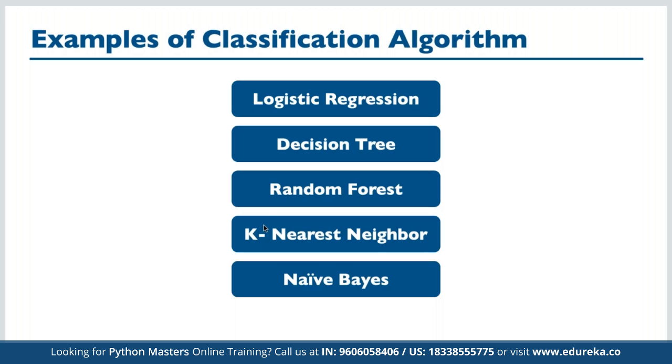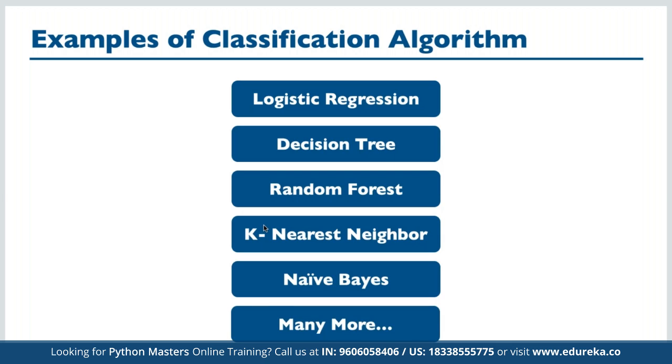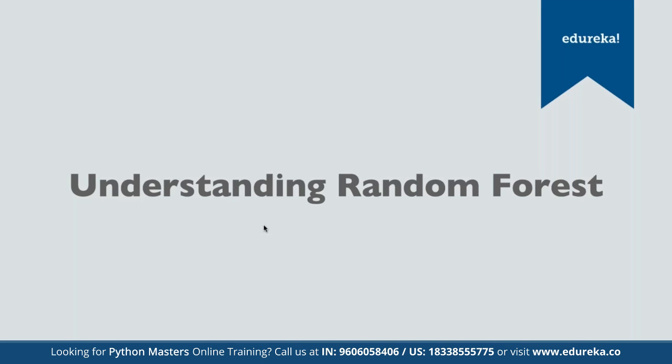So here we are talking about classification algorithms, and the kind of algorithms you look at on your screen right now are the statistical driven algorithms. So we can have logistic regression, decision trees, random forest, naive Bayes, etc. And of course, there are a lot more algorithms in the list.